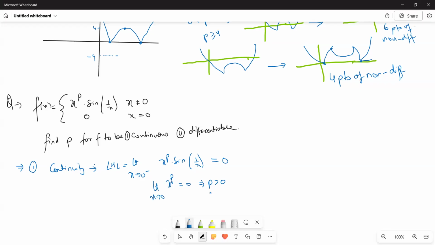If p becomes negative, x goes to the denominator, and the value will tend to infinity, not 0. So p has to be greater than 0. So this will tell us that f(x) will be continuous if p is greater than 0. This is the condition of continuity, p greater than 0.